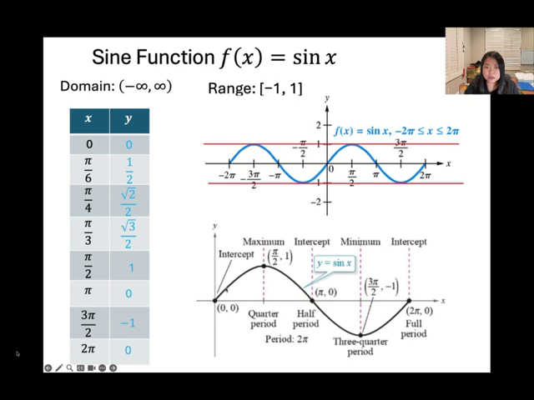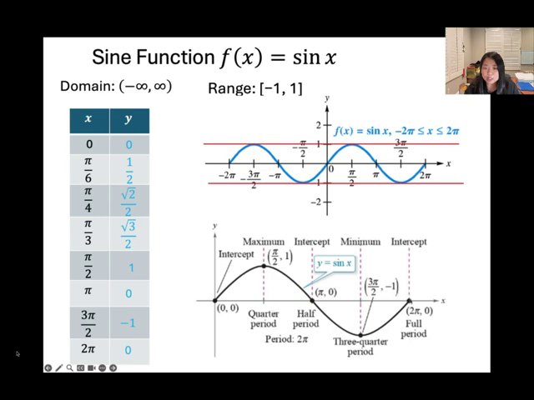And then my sine curve starts from 0, 0, goes up, goes down, and then goes up again. You can see this part here. We call this one full period. If I keep going, there will be another period. So my full period is equal to 2 pi.